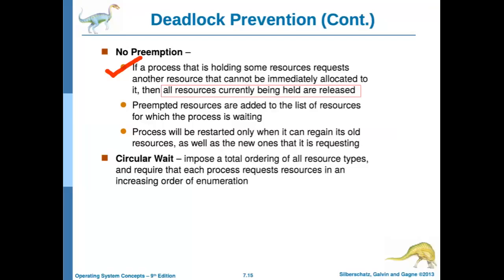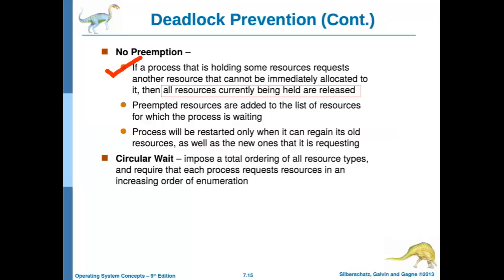say, in order to continue execution of process P1, R1 and R2 are required. R1 was already there, but I am not able to get R2, so I released R1. Later on, if I want to continue, I need to ask for R1 and R2 both, because even though I acquired R1, I have released it.